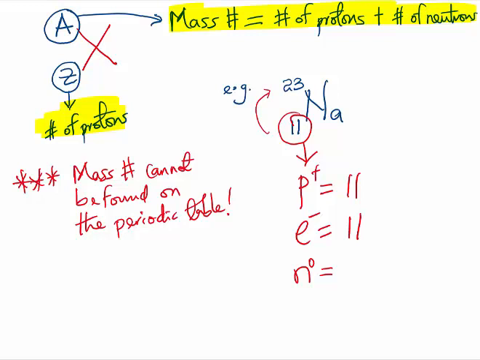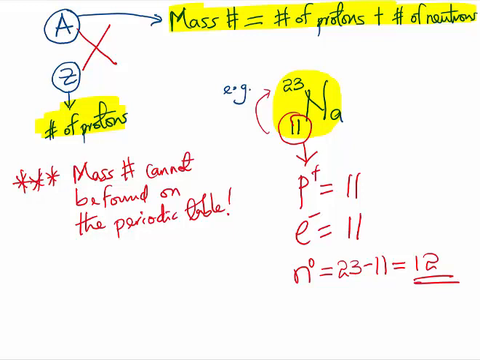That would be 23 minus 11, which is equal to 12. So simply by knowing this symbol, we were able to extract the number of protons, the number of electrons, and the number of neutrons from the atom.